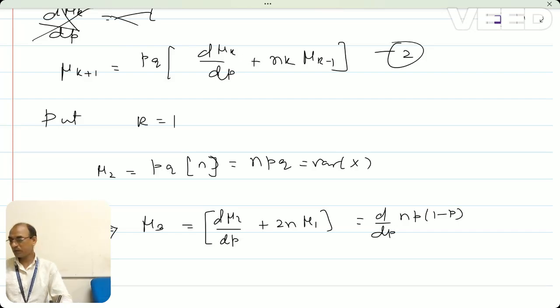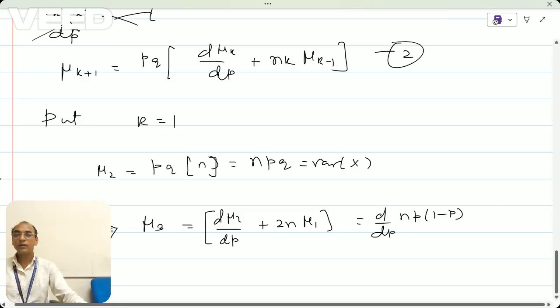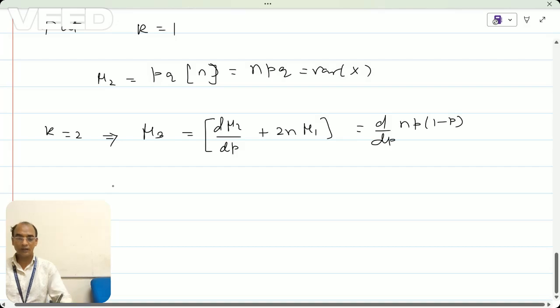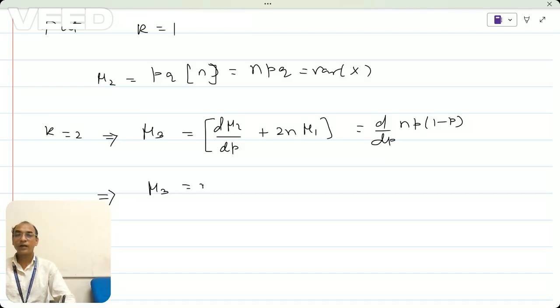So if I differentiate it and simplify it, we will get mu3 equal to npq into (q minus p). This will be the third moment of the random variable x.